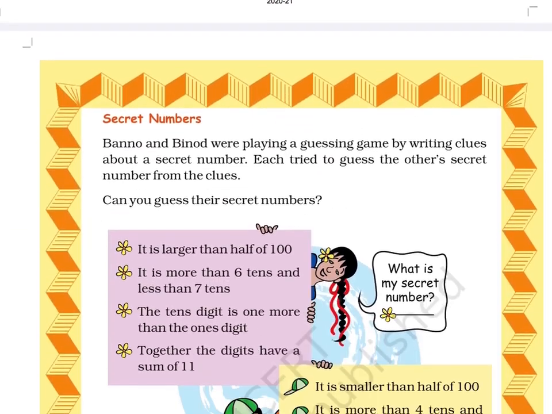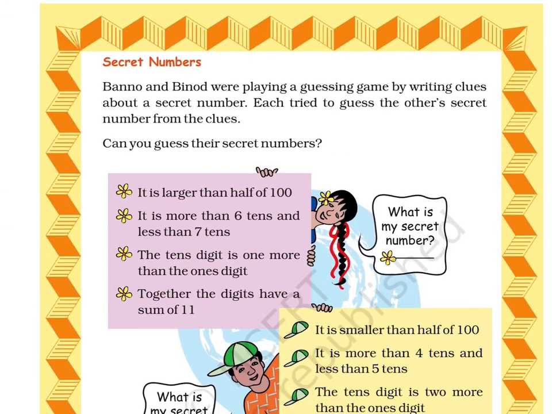Page 110. Secret numbers. Banno and Binod were playing a guessing game by writing clues about a secret number. Each tried to guess the other's secret number from the clues. Can you guess their secret numbers?